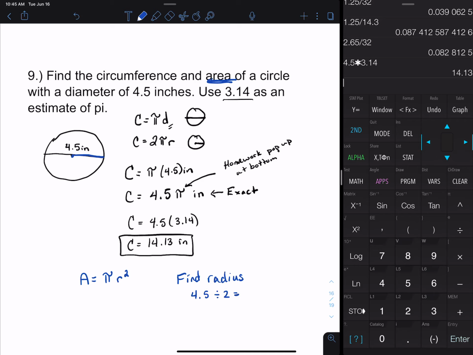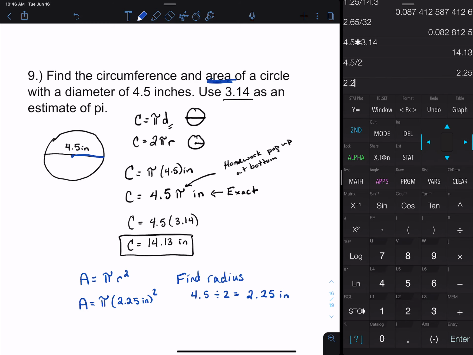When we do that, we find that the radius is 2.25 inches. So when I'm trying to find the area, if I wanted an exact answer, I would say pi times that 2.25 inches squared, and I would square it.